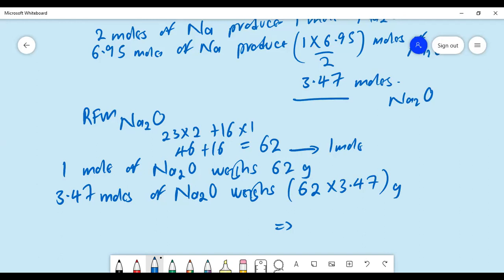What do we get? We get 215.14 grams. I think now, are we getting the concepts?